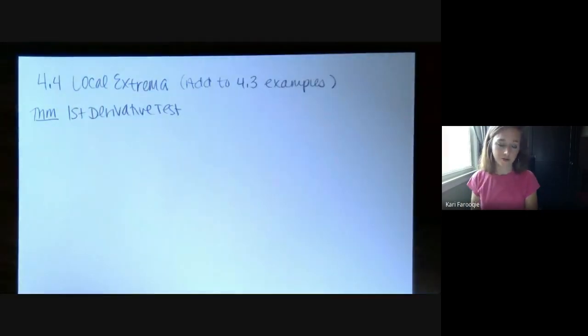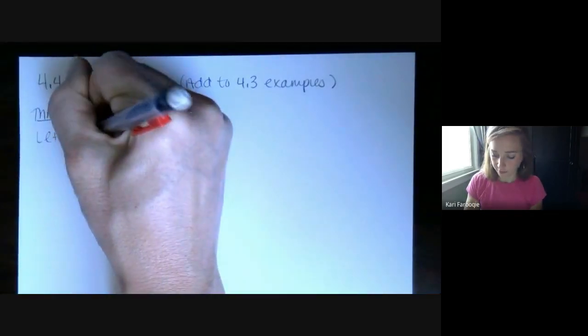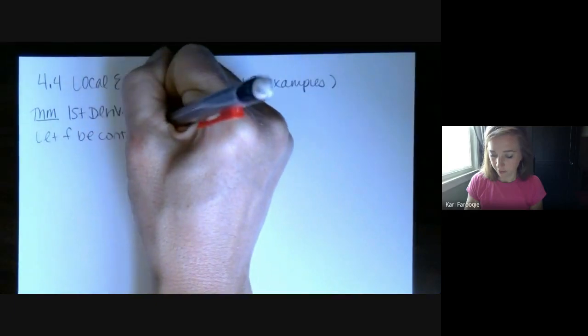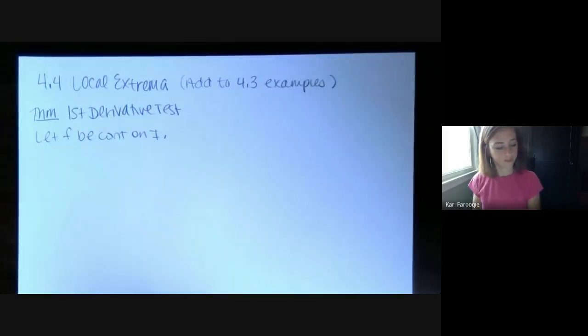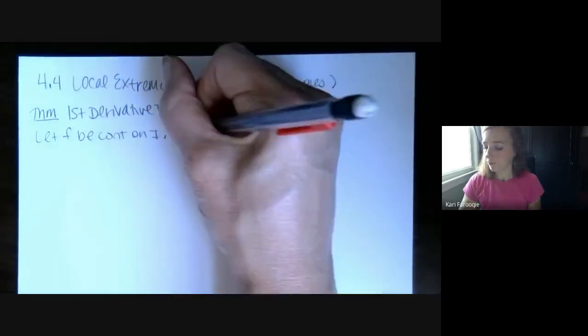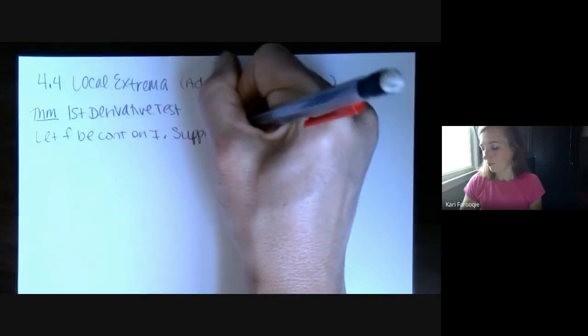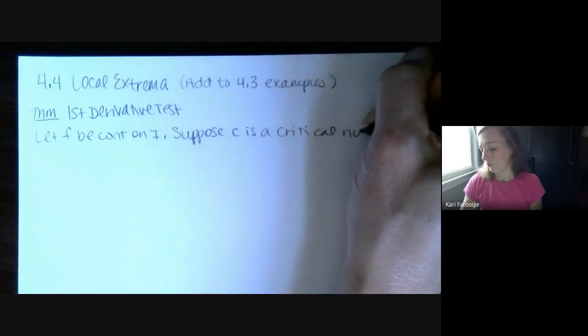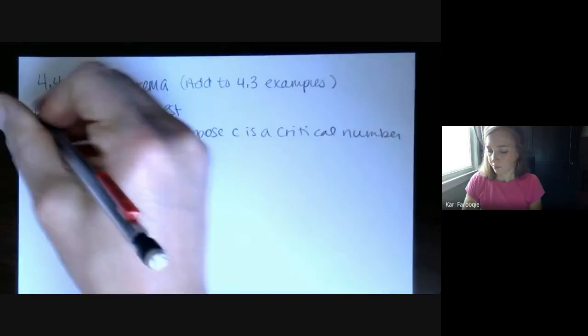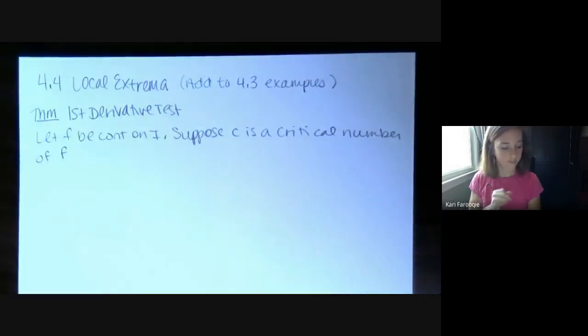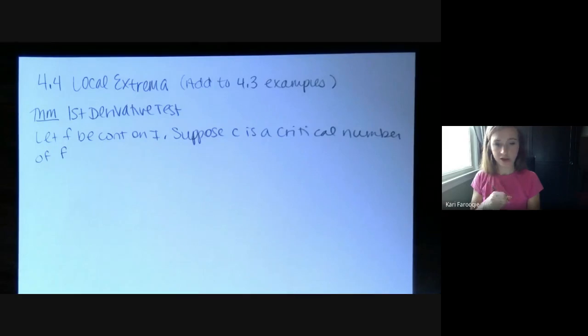First derivative test. Let f be a function that's continuous on an interval I. Suppose C is the critical number of f. And AB is an open interval in I containing C.